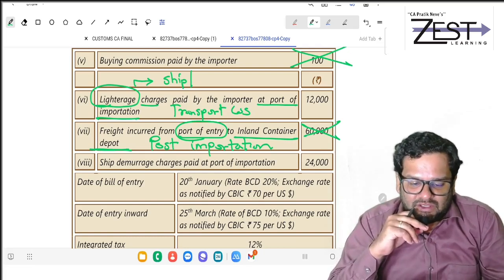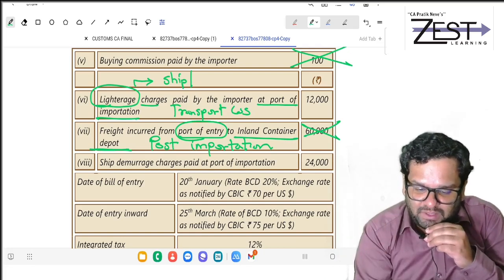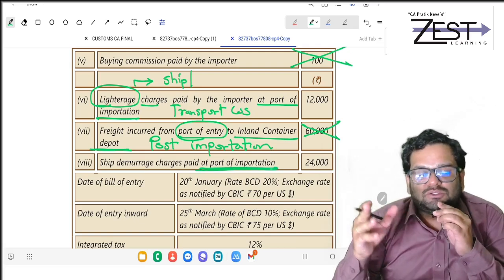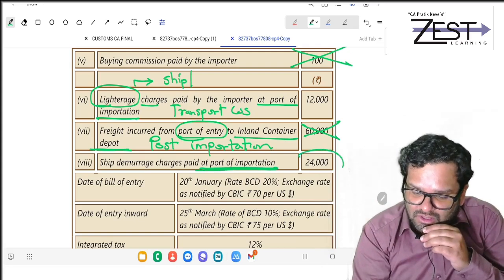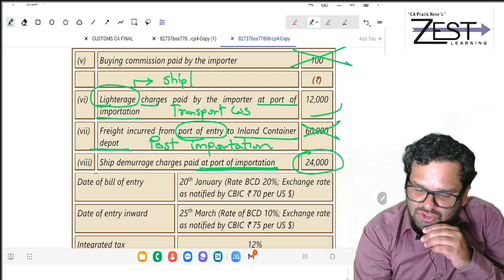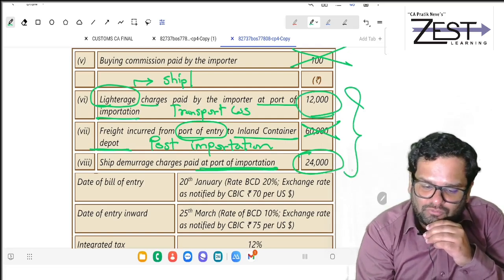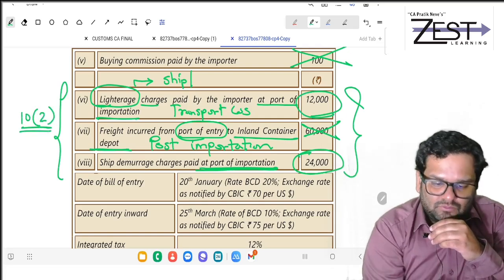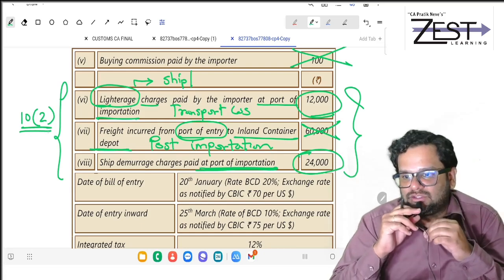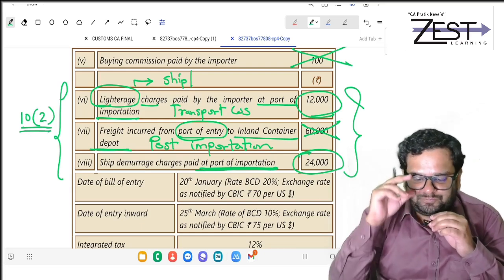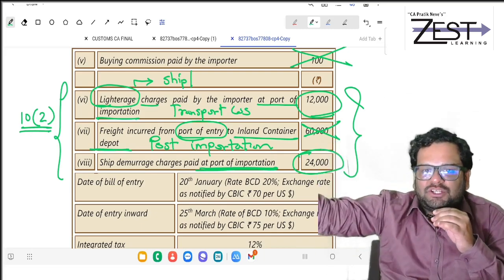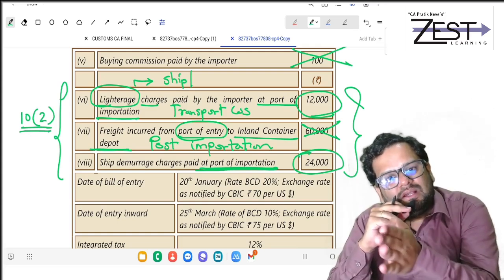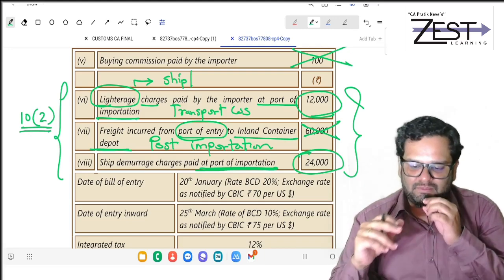Ship demurrage charges paid at the port of importation are incurred before the goods are cleared for home consumption. So these two will form part of transport cost under rule 10(2) of the customs valuation rules. Post importation you will neglect, but till the importer's port you will consider. Getting my point?